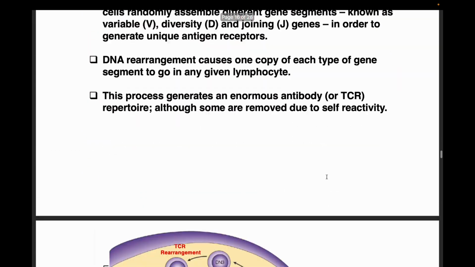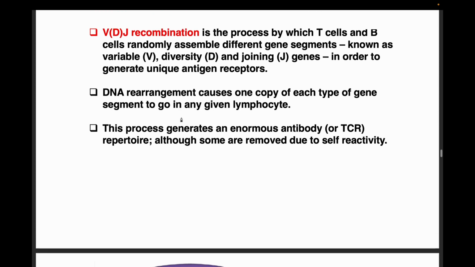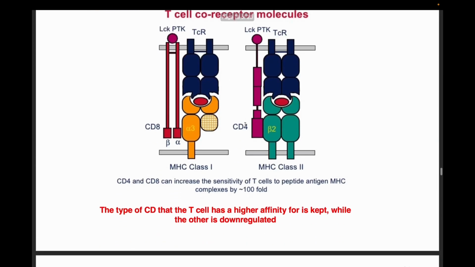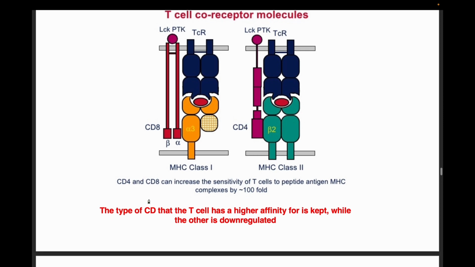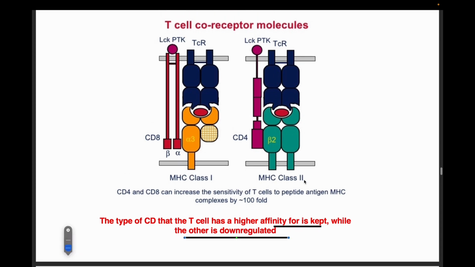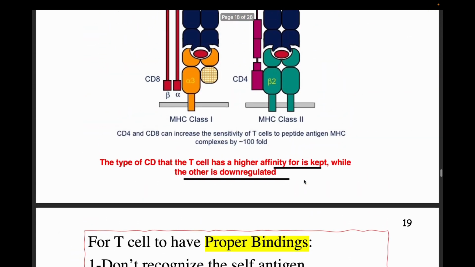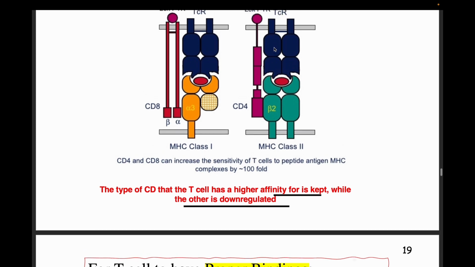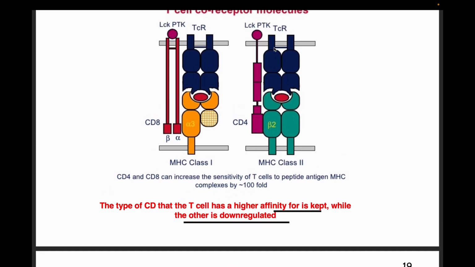هاي كلها اللي تكلمت عنها انه بالخطوات والى اخره. هنا كاتب the type of CD that the T cell has higher affinity for is kept while the other is down regulated مثل ما قلت. هنا بالنسبة للpositive and negative selection ال TCR هسه الانتيجين self antigen that is presented on MHC protein.